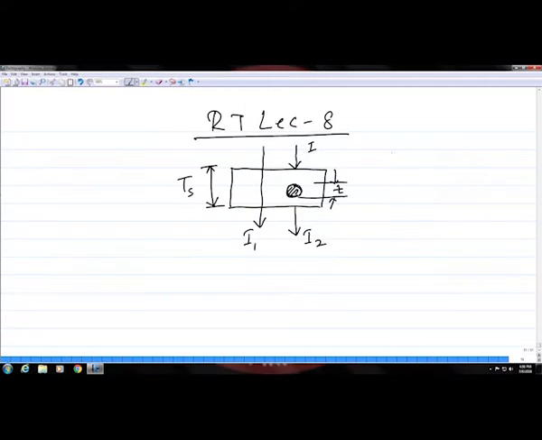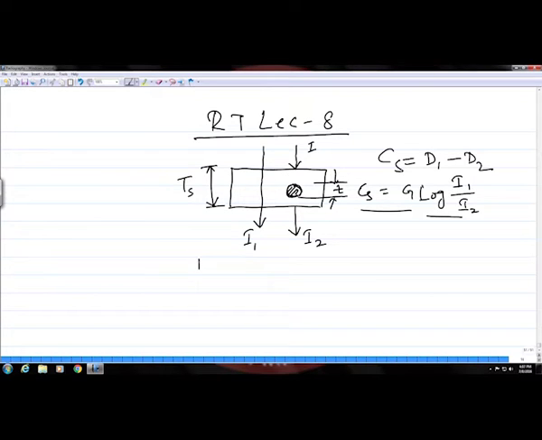If you remember, the contrast is given by this. So, you want to understand how this contrast will be for a scenario like this.